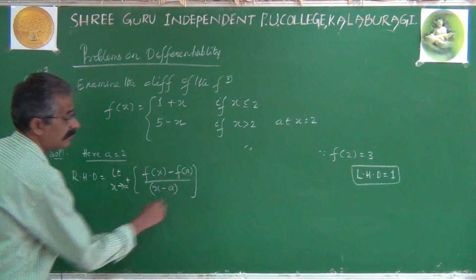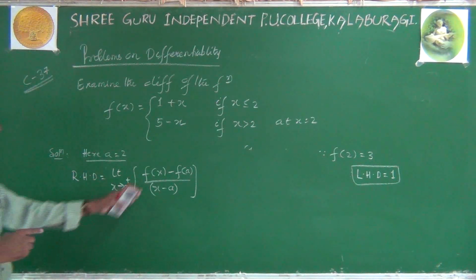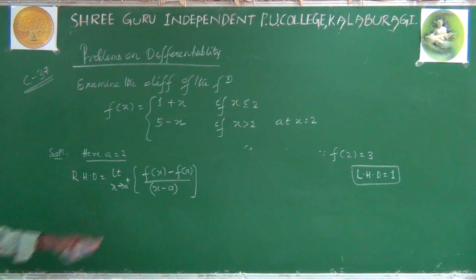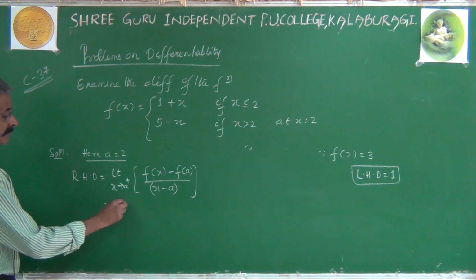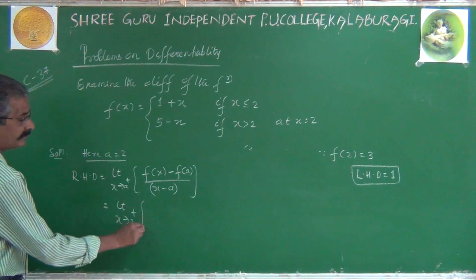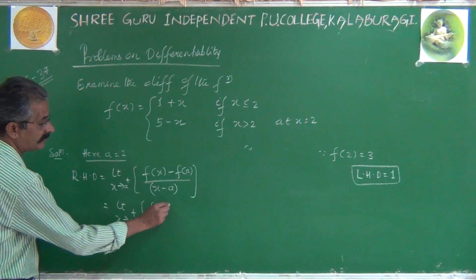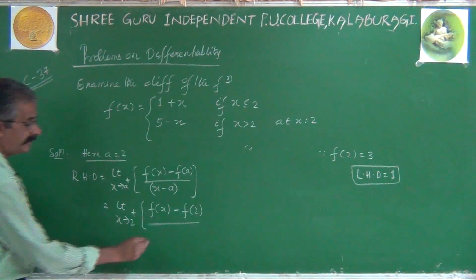The formula pattern is the same, but you must refer to the value of the function for x greater than a in the definition of the function. The limit as x extends to 2 plus of f of x minus f of 2, divided by x minus 2.